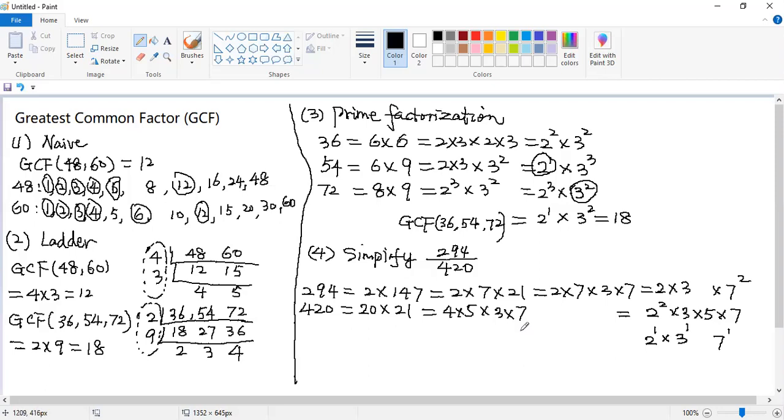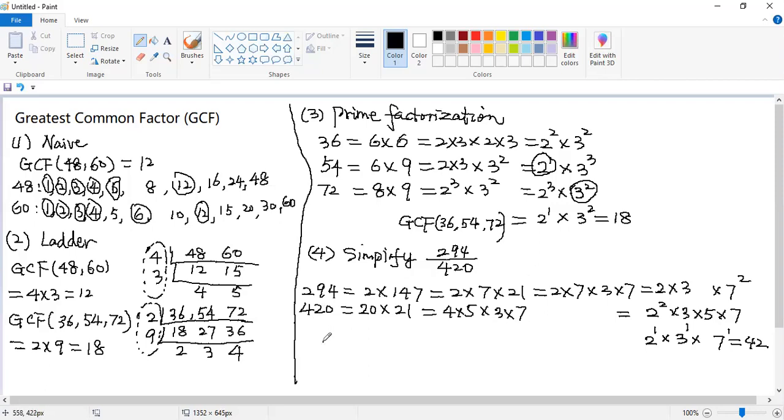The product would be the greatest common factor, 42. To simplify the given fraction, we divide top and bottom by the greatest common factor.